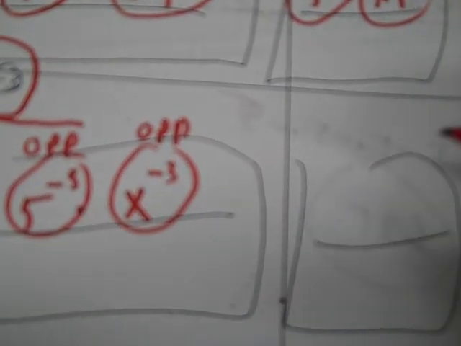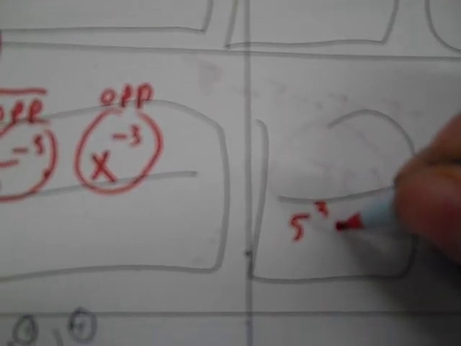Okay, so here are my factors. They're both negative powers. Both factors have negative exponents, so they both need to go to the opposite side of the line. This 5 is on top, so the opposite of the top is the bottom, and then the negative 3 turns into a positive.